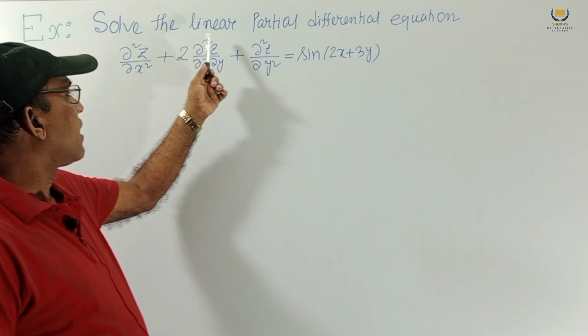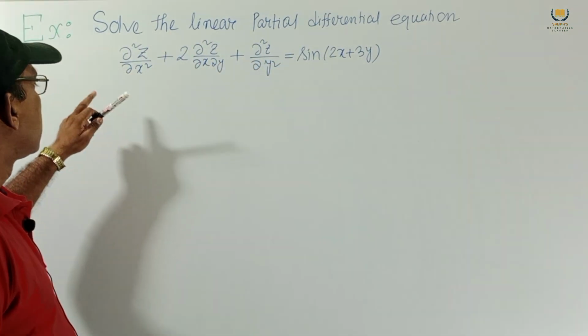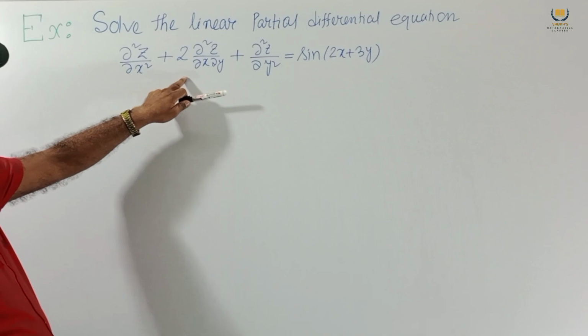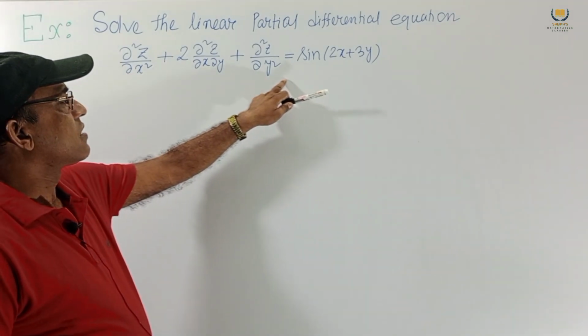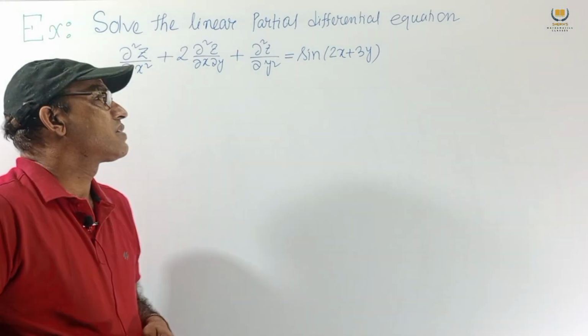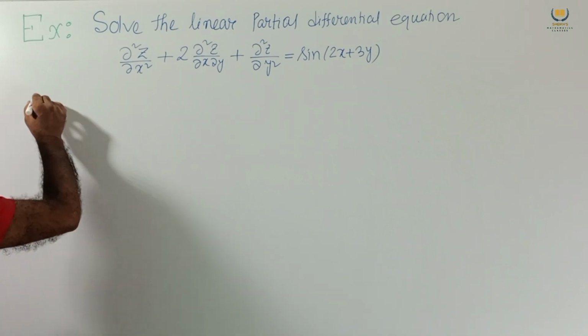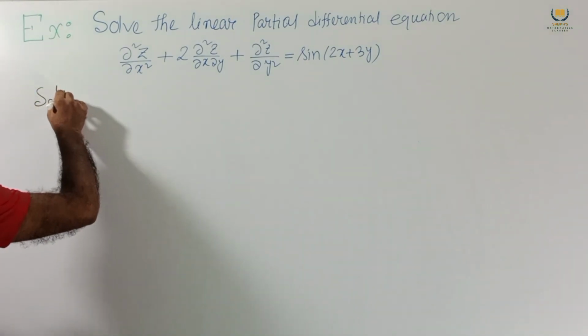Solve the linear partial differential equation ∂²z/∂x² + 2∂²z/∂x∂y + ∂²z/∂y² = sin(2x+3y). Now we want to solve this problem.